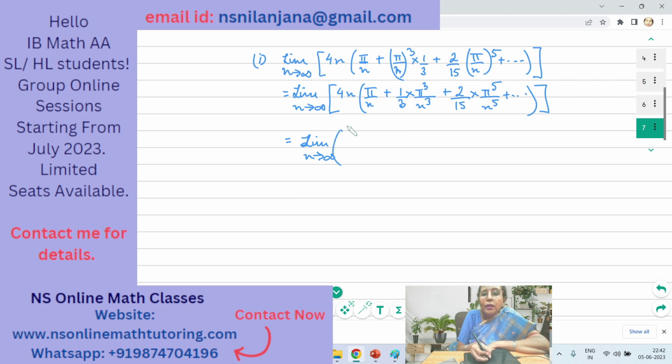Now I can open this bracket. I can just multiply each term by 4. So the first term will be 4 pi. Second term will be 4 over 3 pi cube over n square.